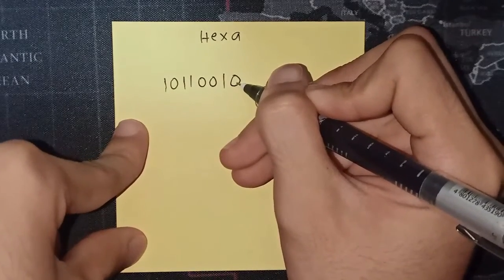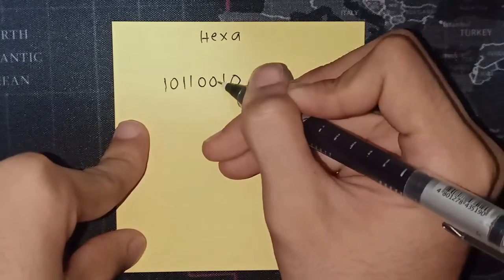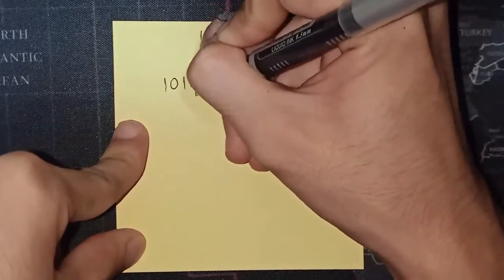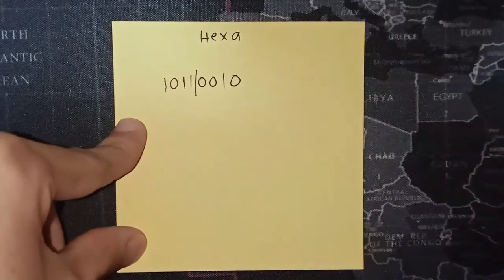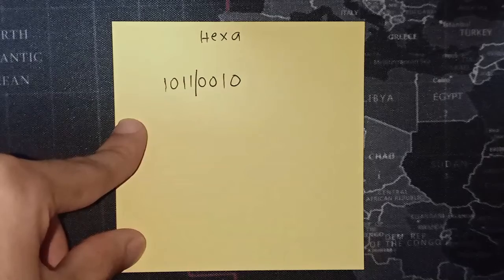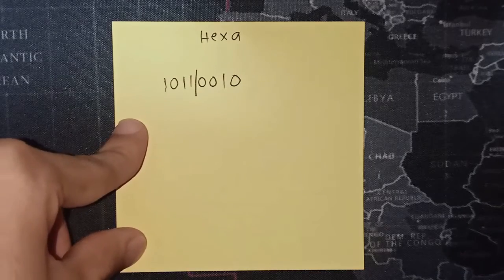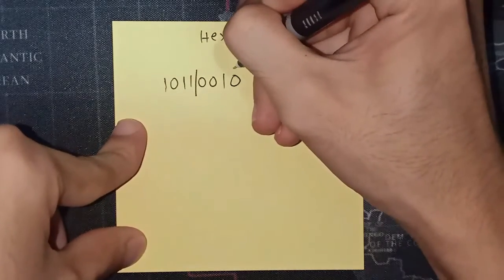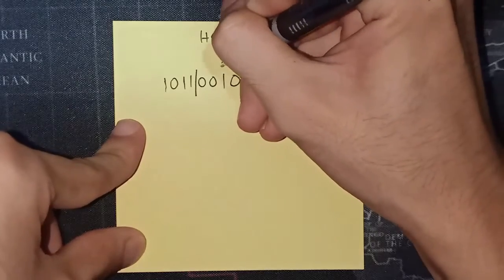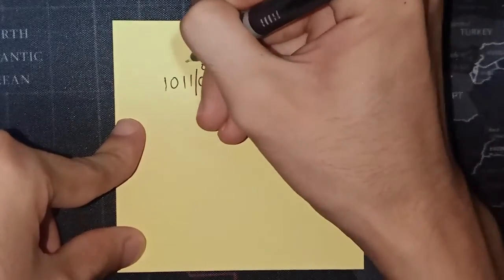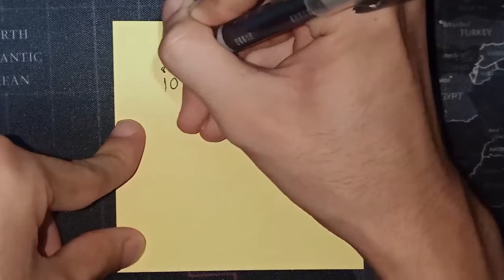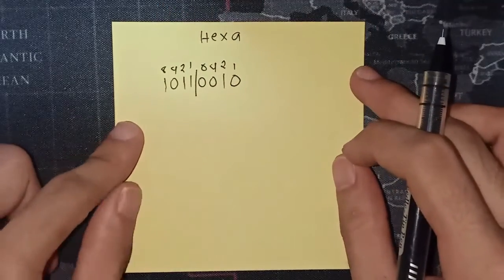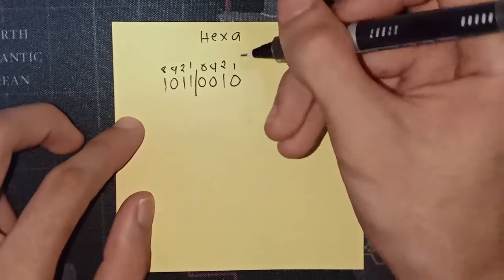Count 1 to 4 from right. 1, 2, 3, 4. Then divide. 1, 2, 3, 4. The next thing we're gonna do is just write a number above, just like this: 8, 4, 2, 1, 8, 4, 2, 1. And the next thing is multiply it.